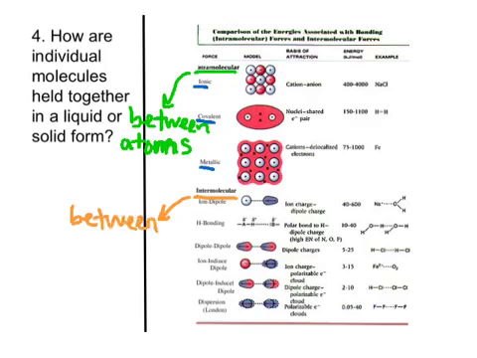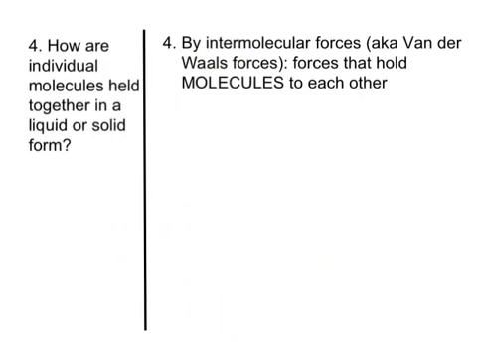Intermolecular forces are between whole molecules rather than the little atoms that make up the molecule. In this case, we're going to focus on a couple of them from this list: hydrogen bonding, dipole-dipole, and London dispersion. So let's take a look at these three.